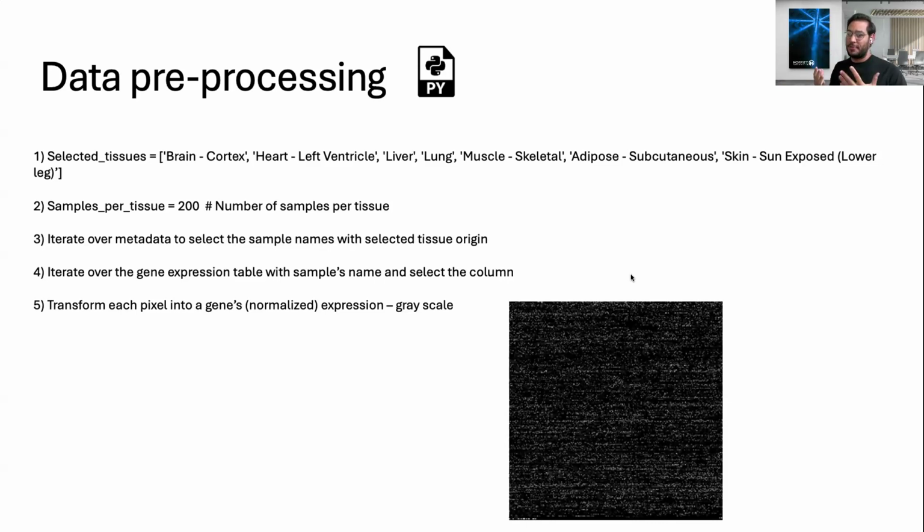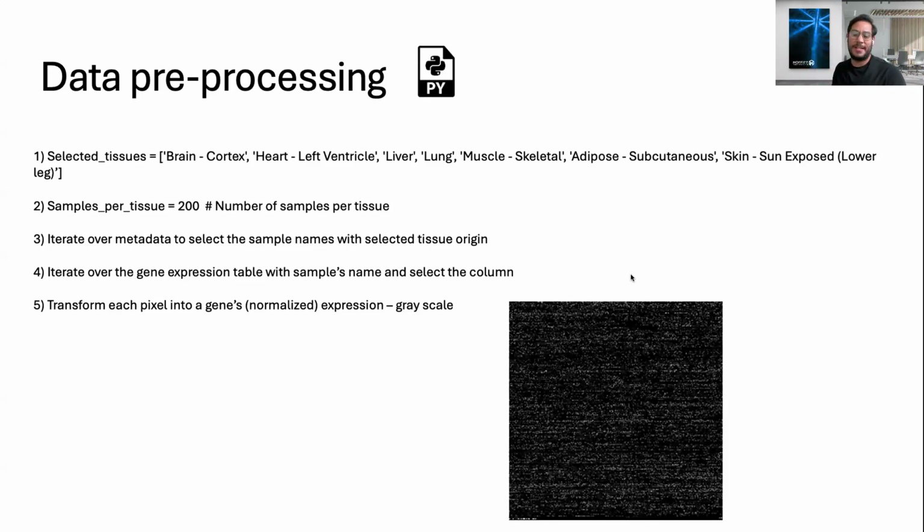And I did exactly what I described. I iterate over one file, find the sample names, and then I go to the second file and iterate with those sample names that I found, the 200 that I found. I extract each sample's tissue origin, and that's it. I'm done with that table. And finally, I took the whole gene expression that's in the column, if you remember, and transformed that into pixels.